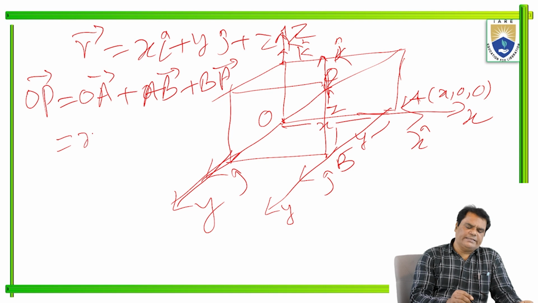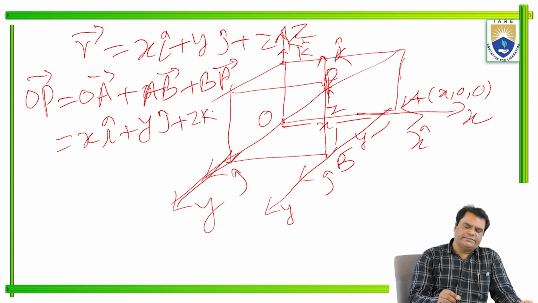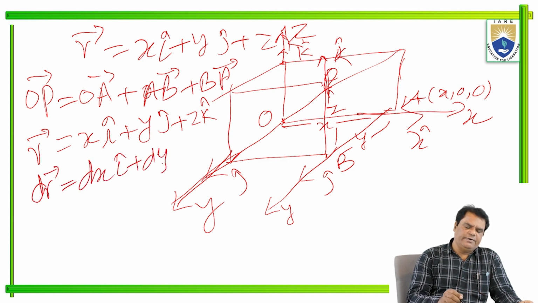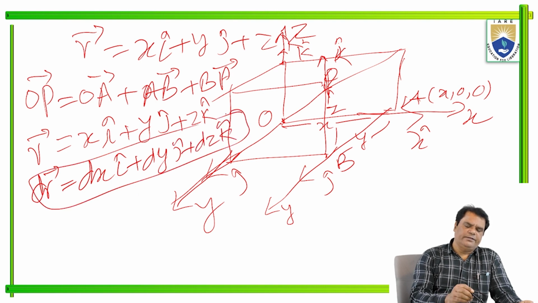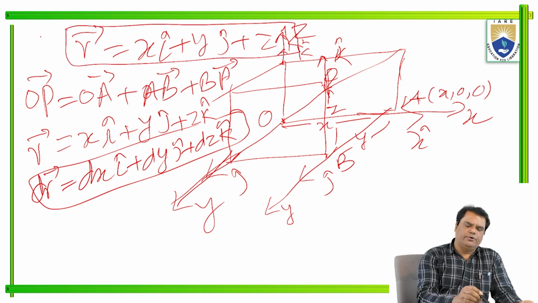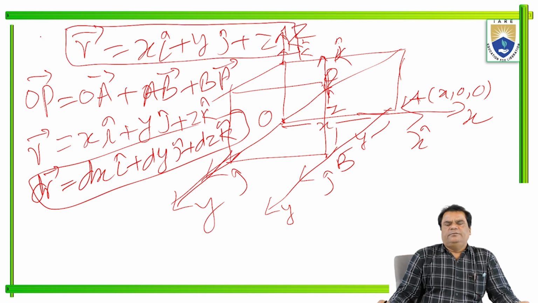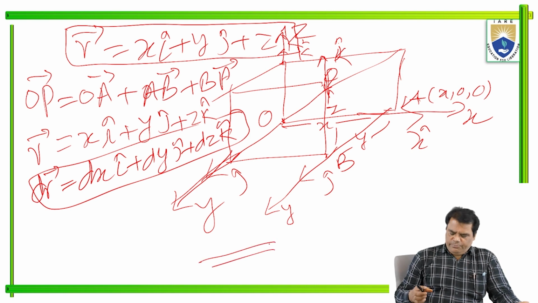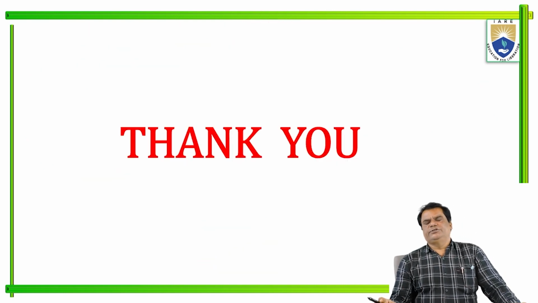So this is along the x-axis, plus y along j, plus z along k. This is the r vector OP. Now differentiating, dr vector equals dx i plus dy j plus dz k cap. This is dr vector, this is r vector. Okay. So this is the value we found with the help of Stokes theorem.